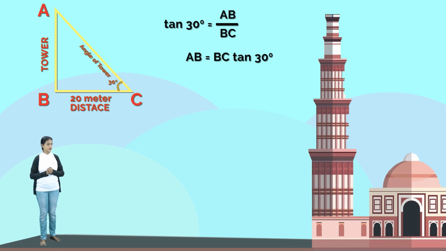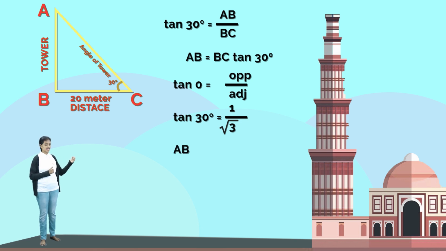tan 30 degree. So, we know tan theta is equal to opposite by adjacent, and value of tan 30 degree is equal to 1 by root 3. On substituting this, we get AB is equal to 20 into 1 by root 3. AB is equal to 20 by root 3.